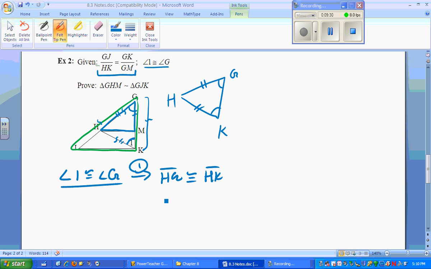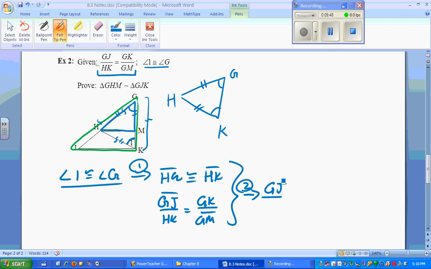From there, if I substitute GJ over HK equaling GK over GM, together, I do a little substitution here, I can get what I want, GJ over HG equaling GK over GM.